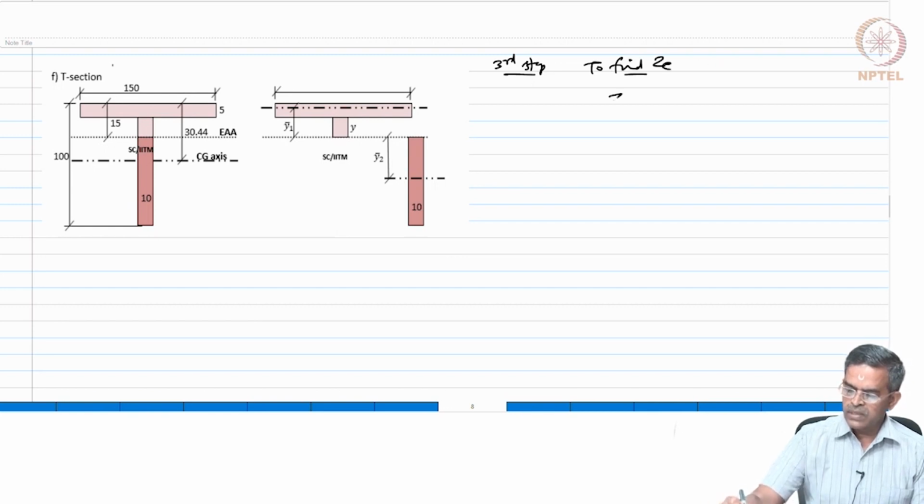We know ZE is equal to Iz by Y max. Let us now consider the full T section.